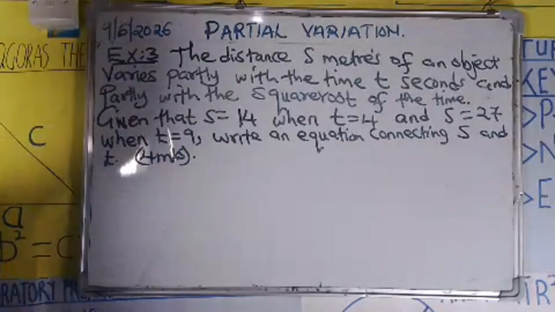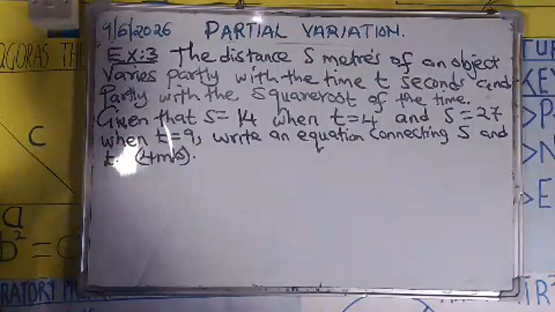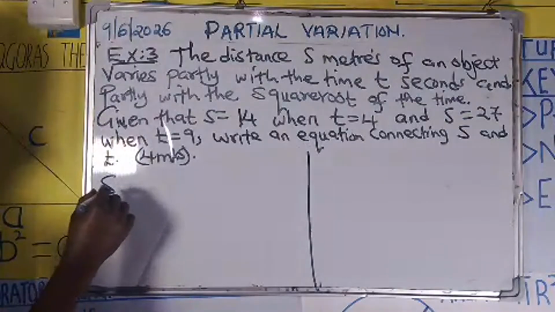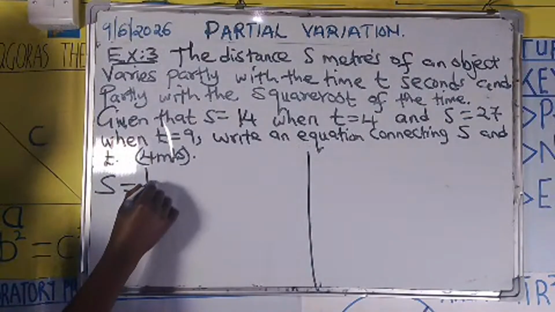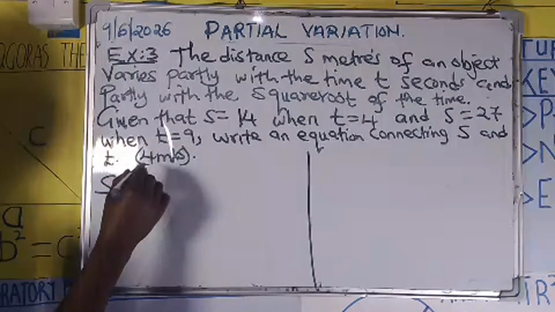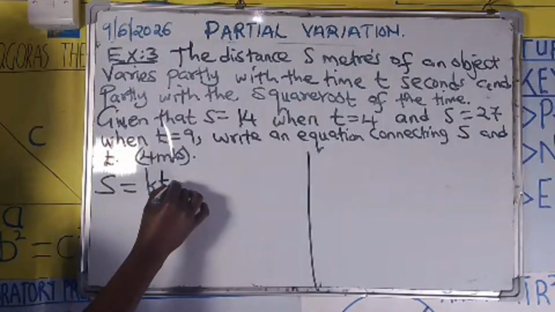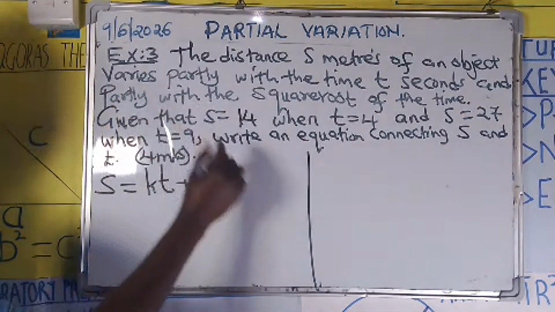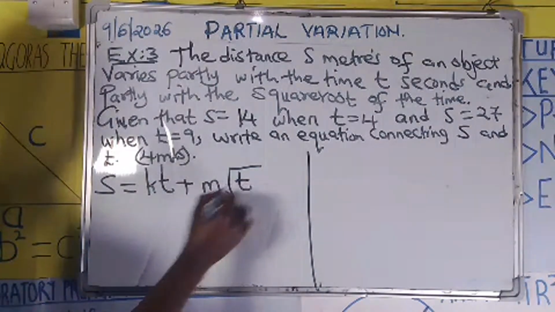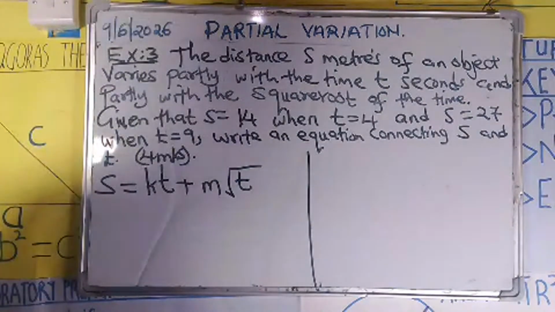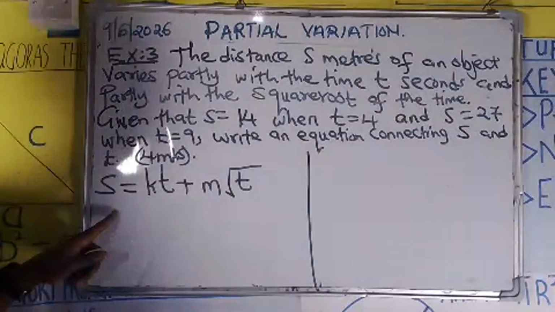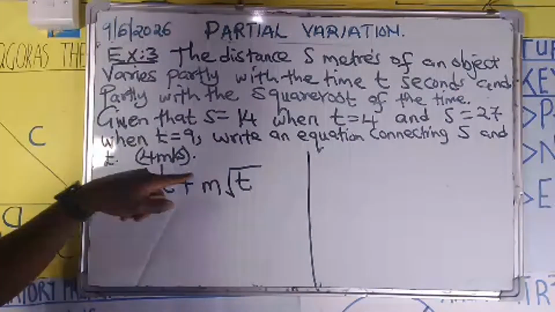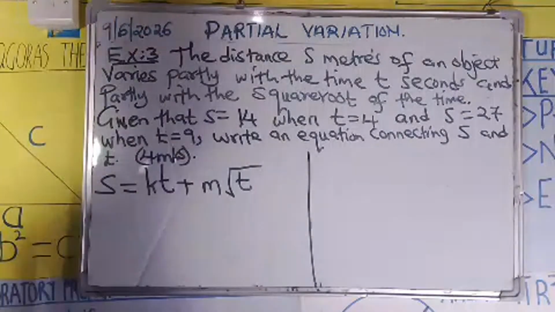So the distance s meters of an object varies partly with the time t seconds, and partly with the square root of the time.